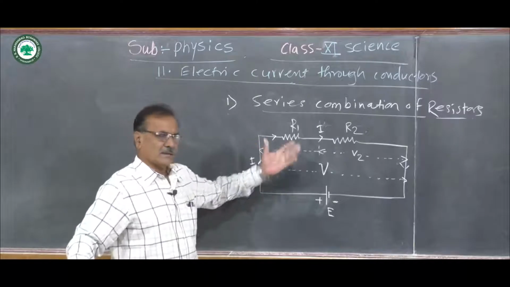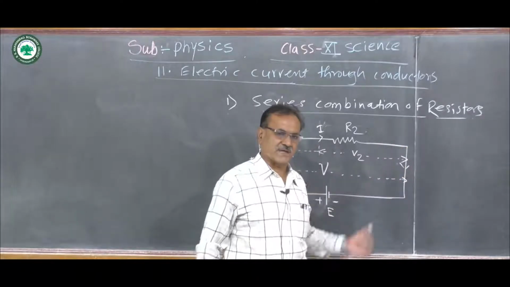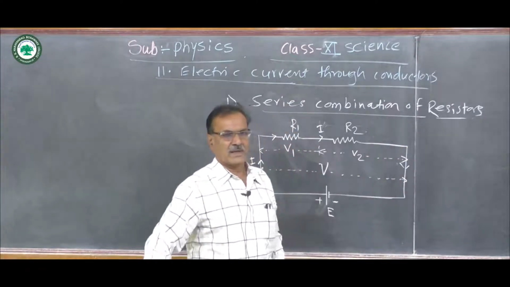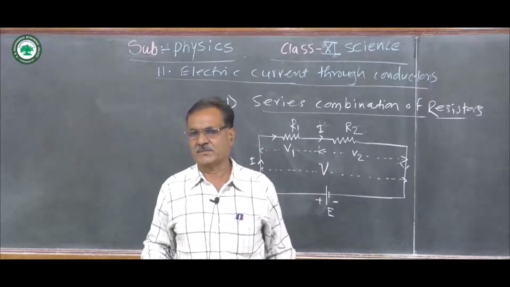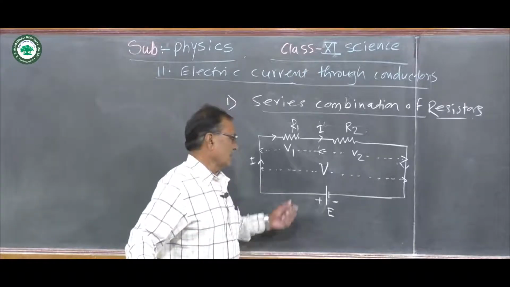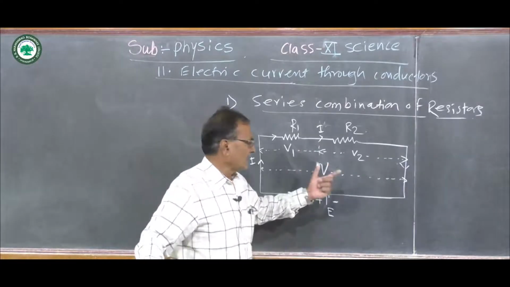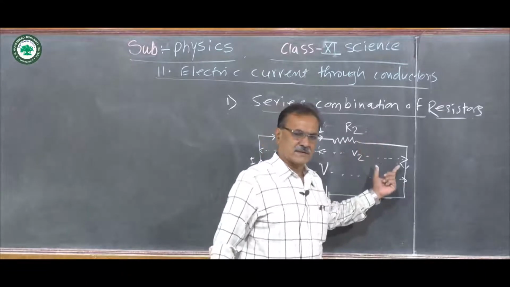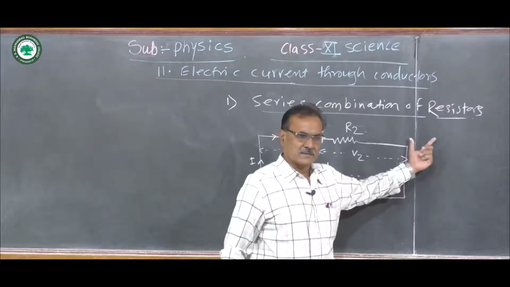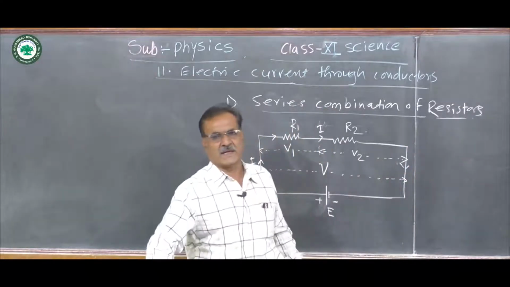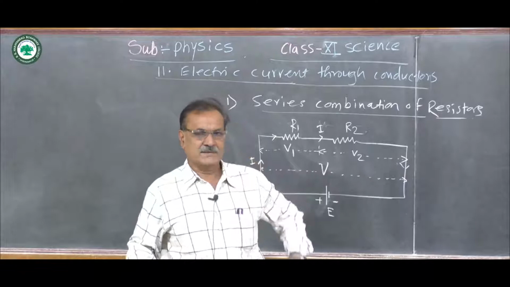However, also if another resistor is connected, say suppose R3, R4, R5 and a number of resistors, then the same current flows through each of the resistors and the potential difference across each resistor is different, like R3 potential difference is V3, R4 potential difference is V4, and suppose the nth resistor Rn, the corresponding potential difference is Vn.